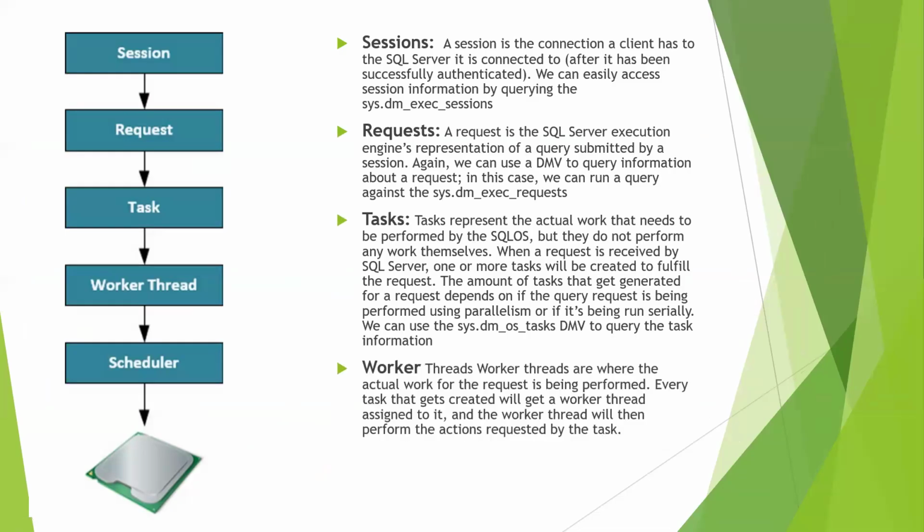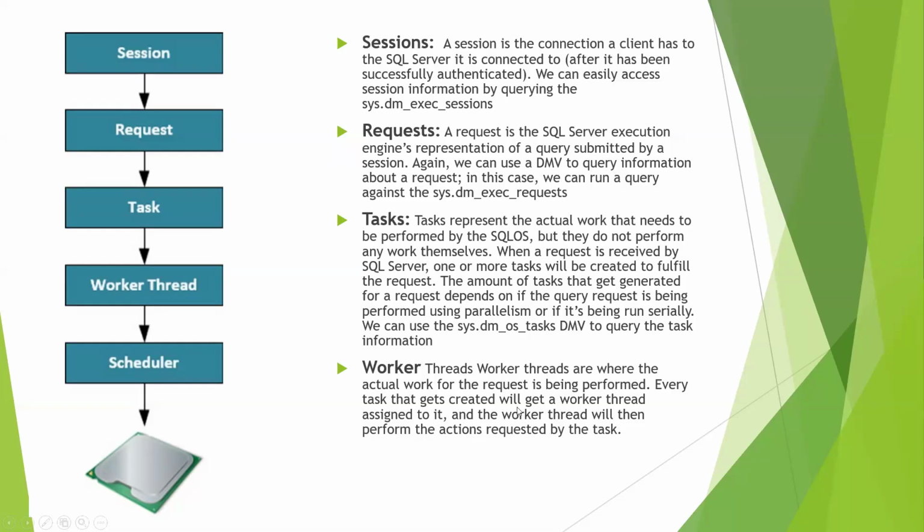Then finally, a worker. Worker is what we already talked about, right? Worker is the basic, smallest unit of your execution. A task will be assigned to a worker and the worker will be executing on the scheduler. Worker threads are where the actual work for your request is being performed.